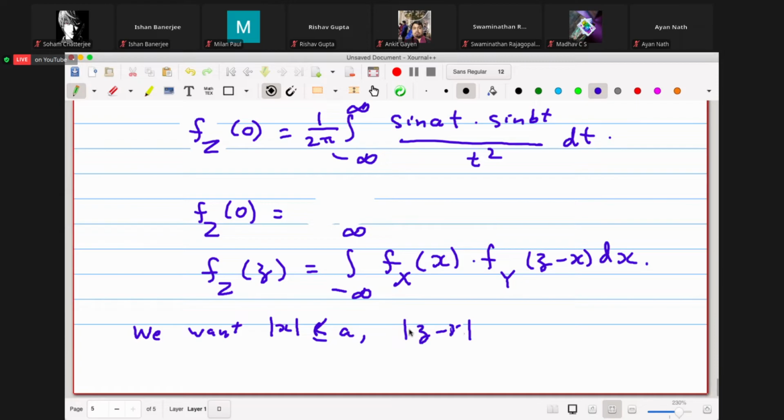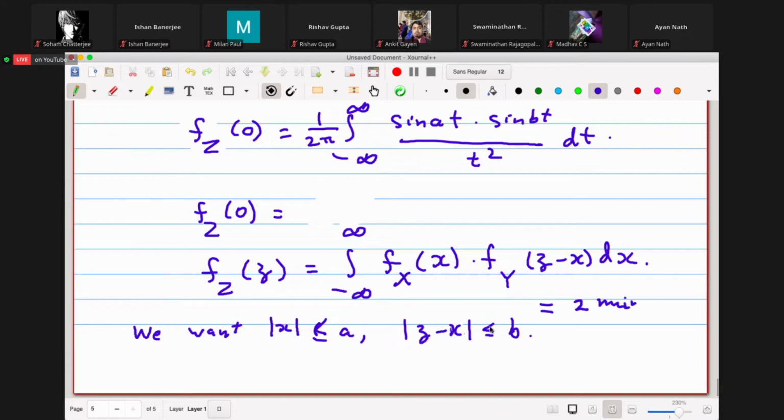Then this is just one. Mind you, you are just integrating one. So when these are non-zero quantities, they are each equal to 1. So this condition kicks in only in the range of this integration. I let you compute this. This turns out to be something like 2 times the minimum of a comma b.